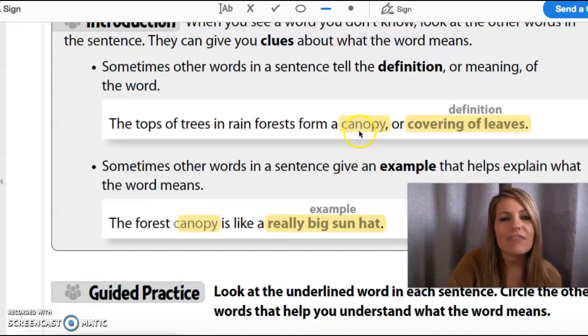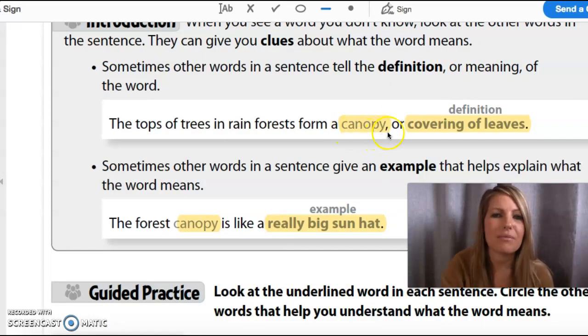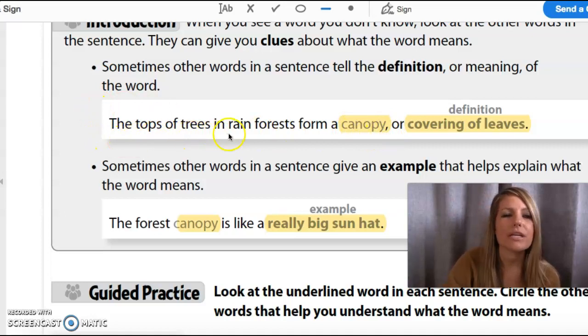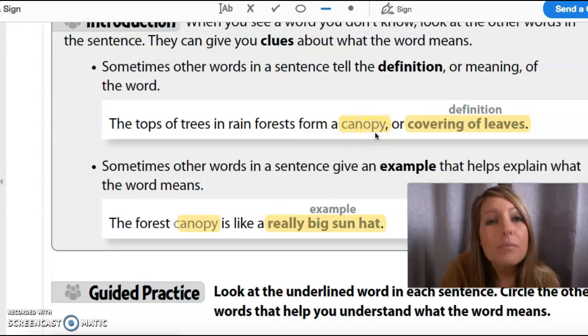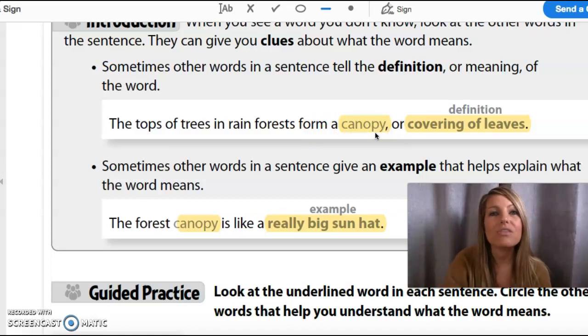So in this sentence, if I don't know what the word canopy means, the top of trees in rainforests form a canopy. I'm not sure what that means, but some sentences will actually tell you the definition or the meaning of canopy. Just keep on reading. Or covering of leaves.